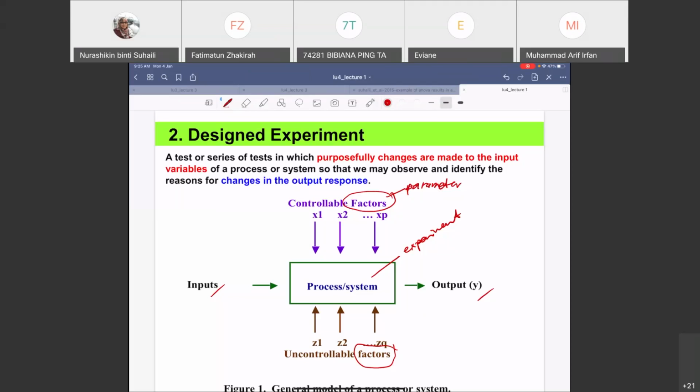Your inputs will be your insects, for example insects from many samples, let's say 4 samples. That will be the input. Without the insects, you cannot measure the diameter, so that's why the inputs are important.